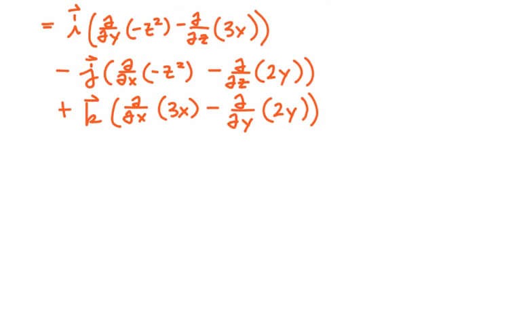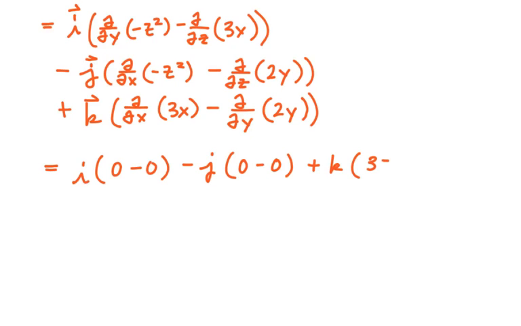So simplifying each of those, I've got i times 0 minus 0, so that's 0, minus j times 0 minus 0, plus k. Calculating all these partials, I end up with 3 minus 2. So this ends up giving me 1k. Or we can say that the curl of F equals k.